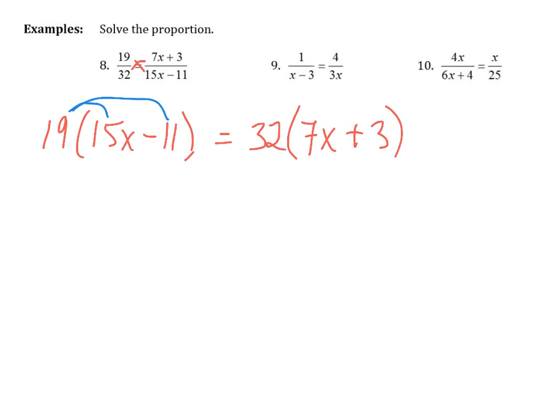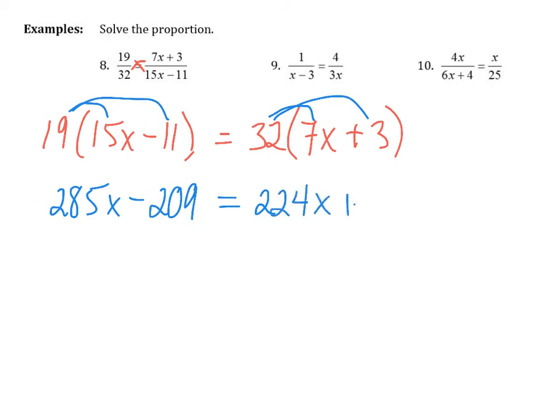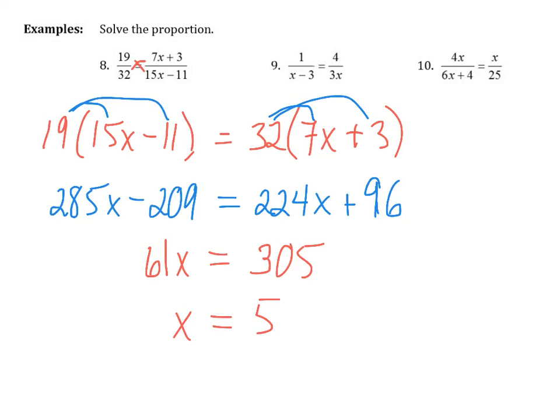So 19 times both those terms, 32 times both of these, which gives me 285x minus 209 equals 224x plus 96. So we'll get all our x's together, which is going to give me 61x. Over on the other side, we're going to have 305. After I divide by 61, looks like x equals 5.